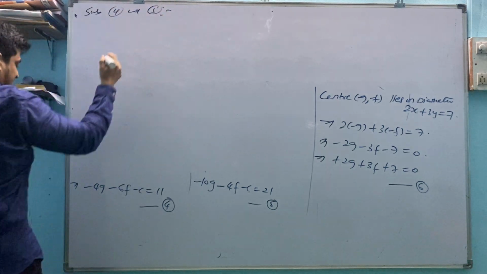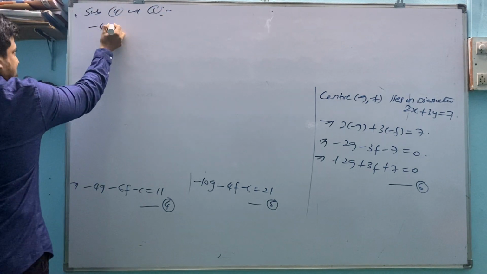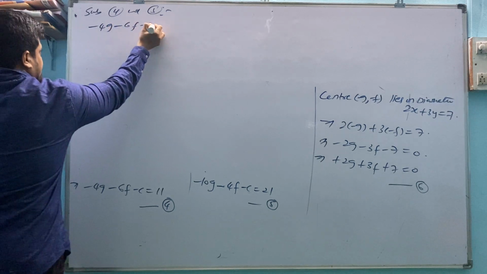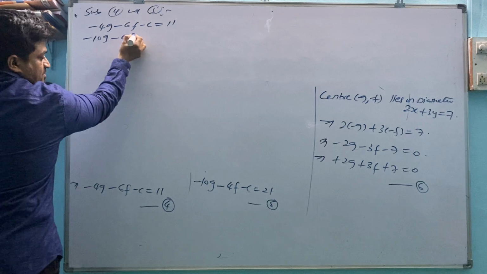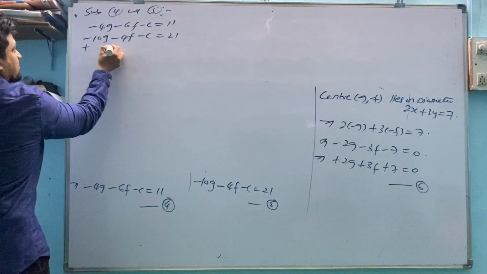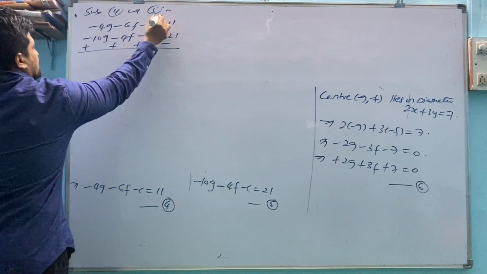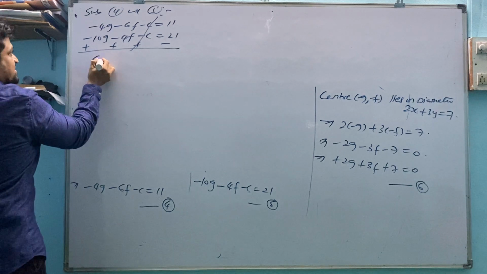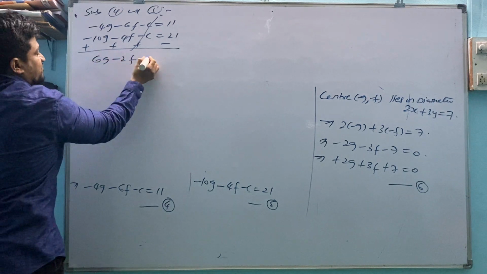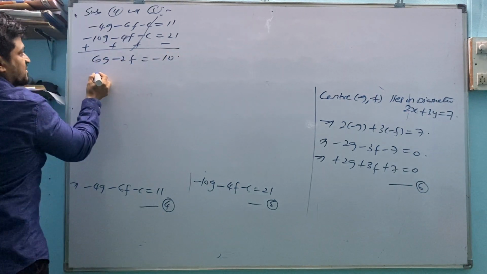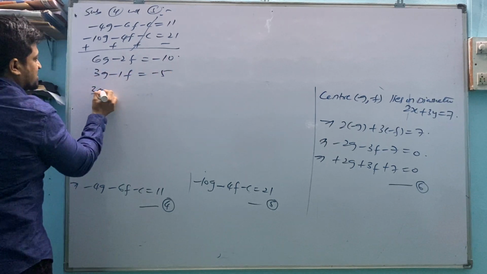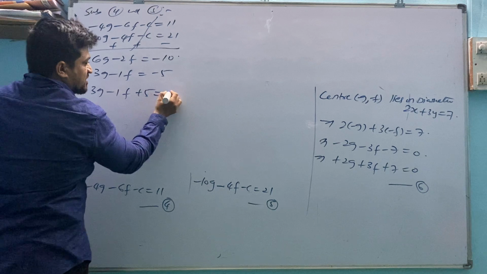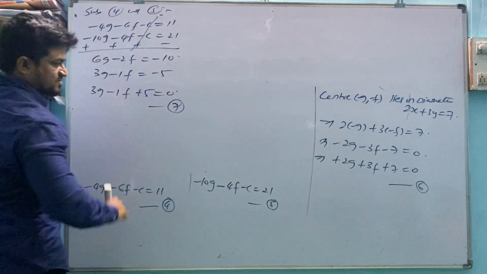The reason for subtracting 4 and 5 is to eliminate c. Minus 4 plus 10, 6g minus 2f is minus 10. 2 3s are 6, 2 1s are 2, 2 5s are 10. So we have 3g minus 1f plus 5 equal to 0, equation 7.